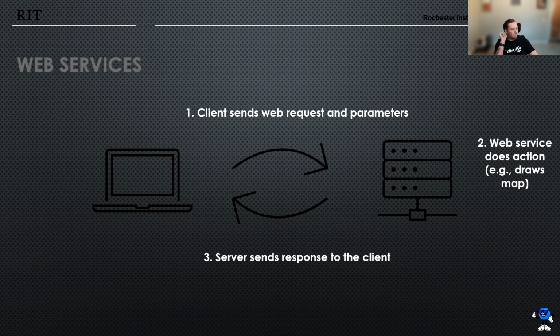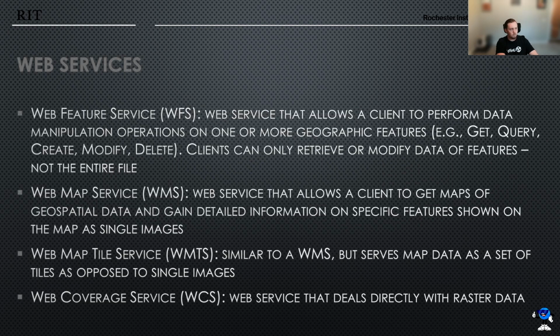Paste this into your browser's address bar, and the server sends you a response containing the map image you requested. So for web services, there is web feature service, web map service, web map tile service, and web coverage service.